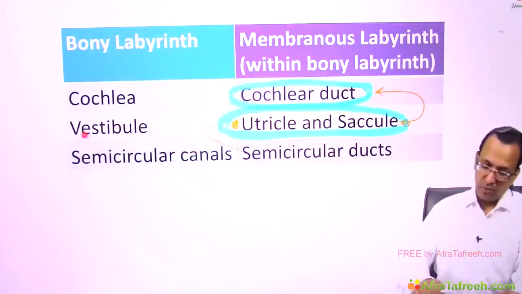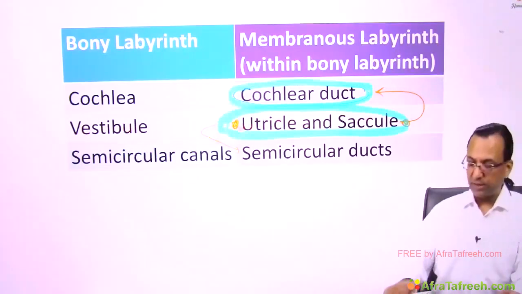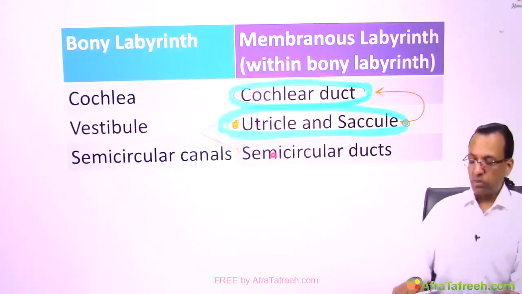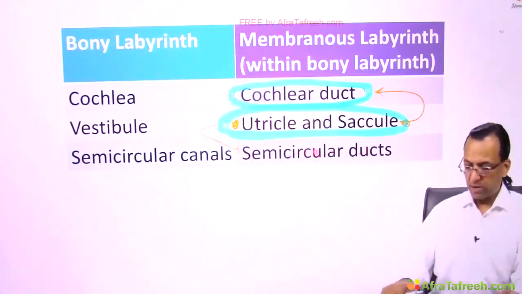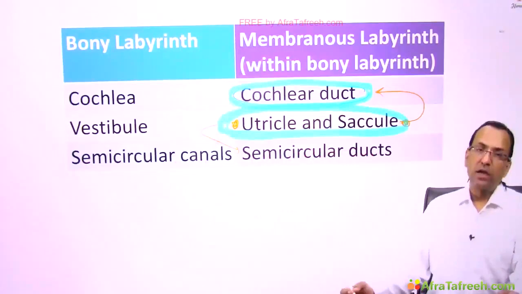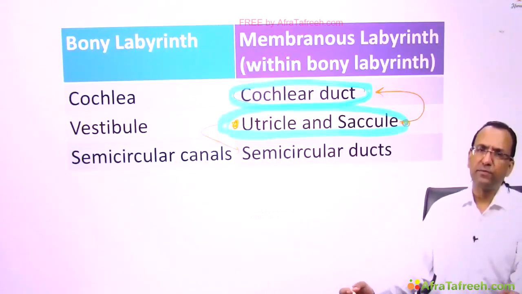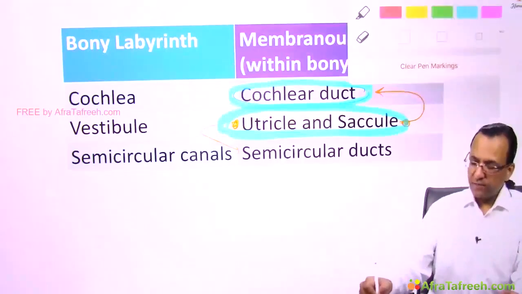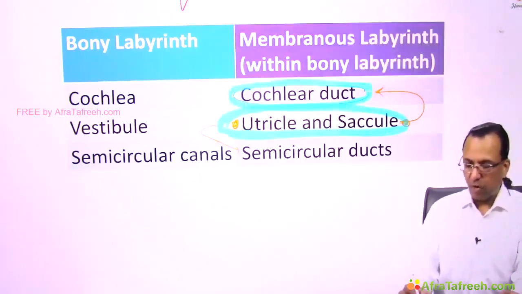So in the vestibule there are two things: the utricle and saccule. The saccule communicates with the cochlear duct. And the utricle communicates with the semicircular canal. The semicircular canal is bony labyrinth; the membranous labyrinth is the semicircular ducts. Can you tell me the function of the inner ear? The inner ear gives us the nerve called the vestibulocochlear nerve.